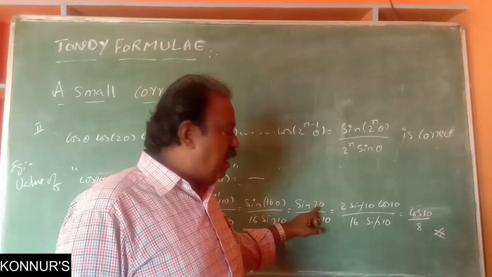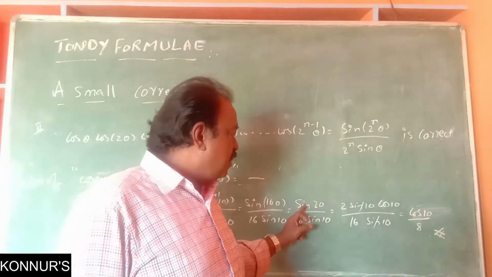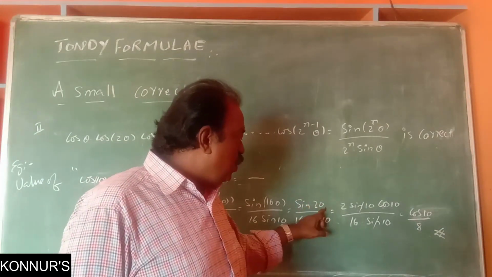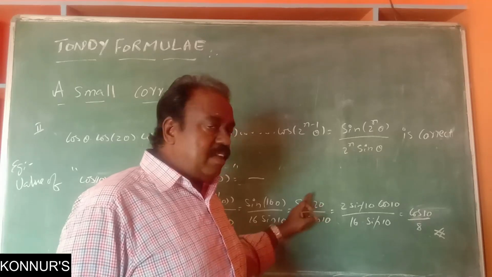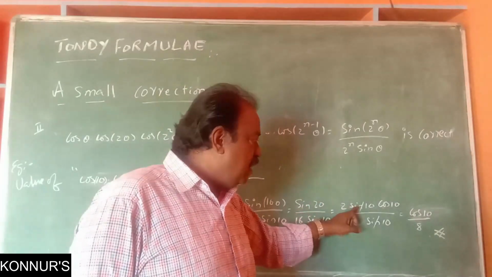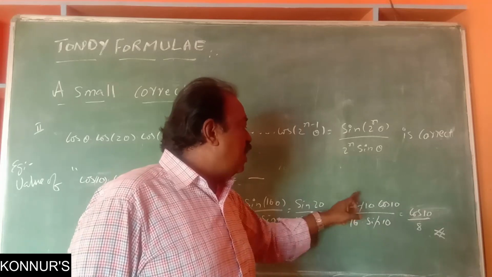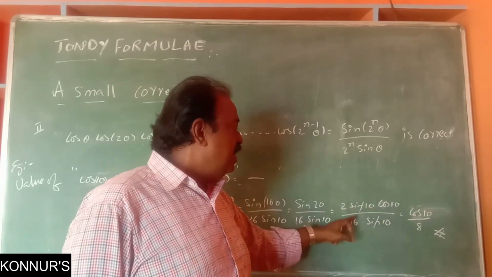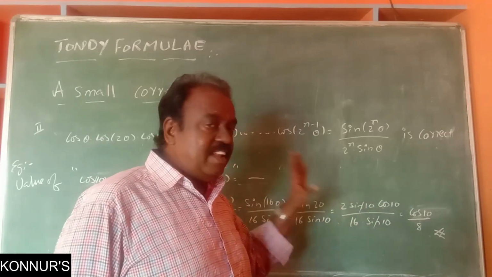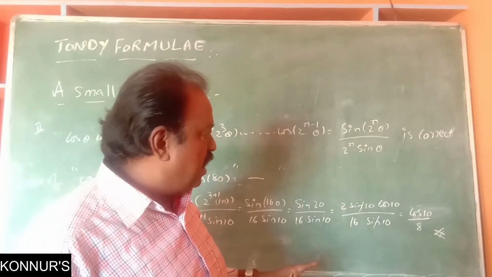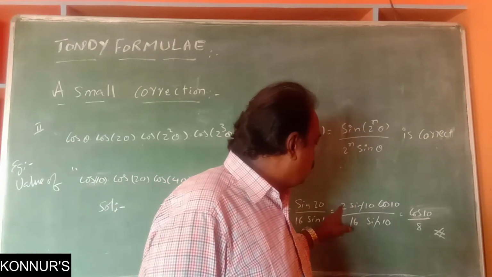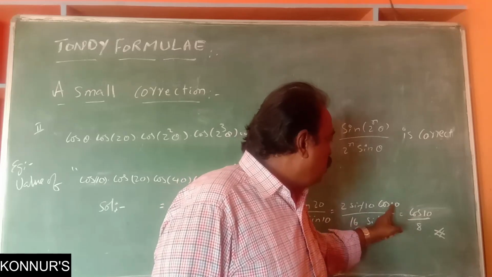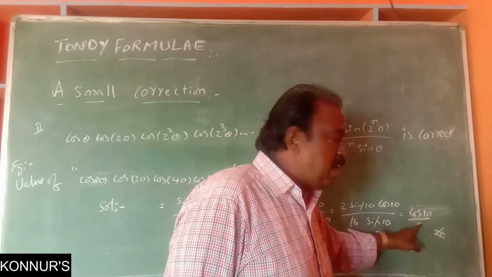Sin 2A is 2 sin A cos A. So 2 sin 10 cos 10 by 16 sin 10. Sin cancels, and 2 8s. So the answer is at last cos 10 by 8.